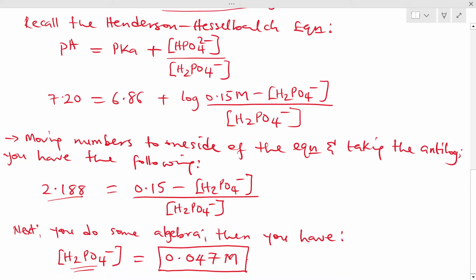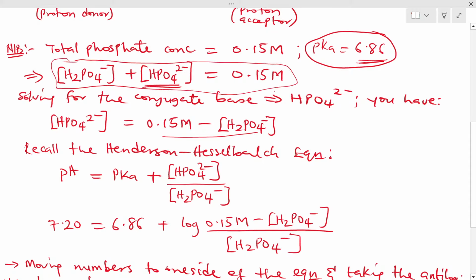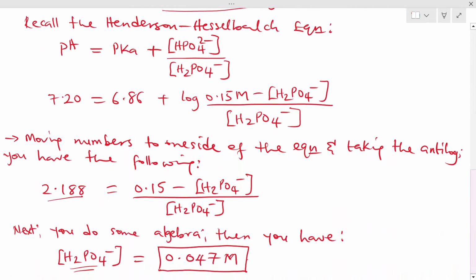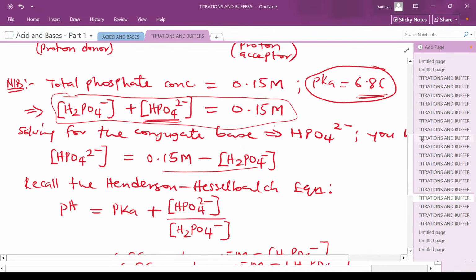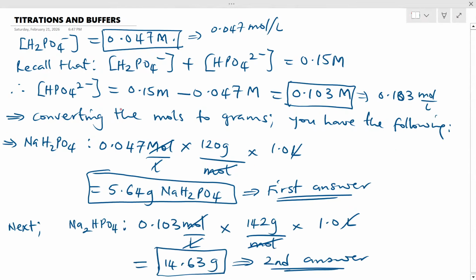You have gotten the concentration. Now that you have the concentration of your first answer, you can simply apply it to the equation here. When you apply it here, you do a simple change of subject, and what you have is 0.103 molar.